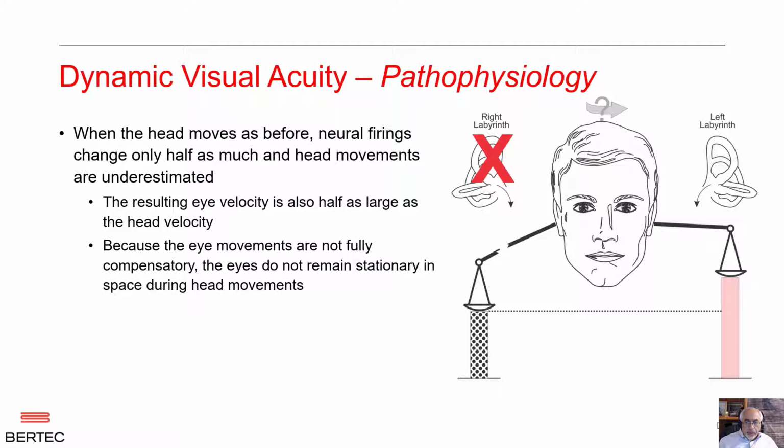In patients with the unilateral loss of vestibular function, when the head moves as before, neural firings change only half as much, and as a result, the head movements are underestimated. That means the eye velocity is also half as large as the head velocity. Because the eye movements are not fully compensatory, the eyes do not remain stationary in space during head movements.